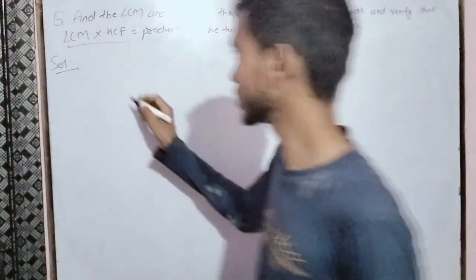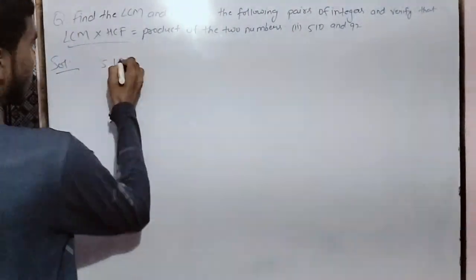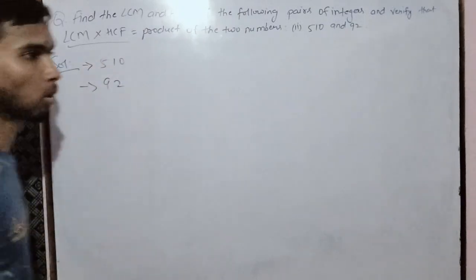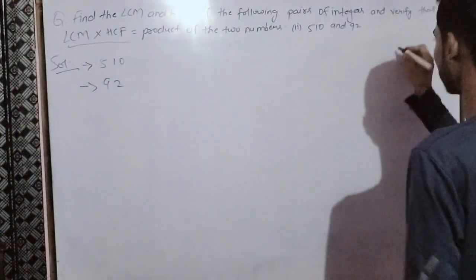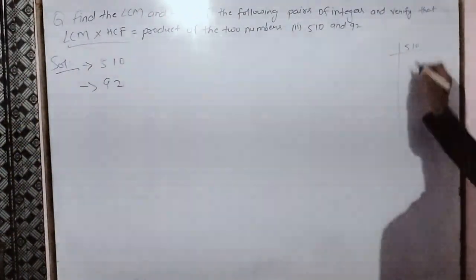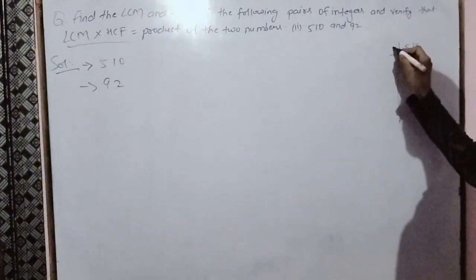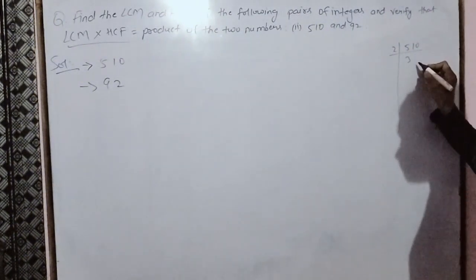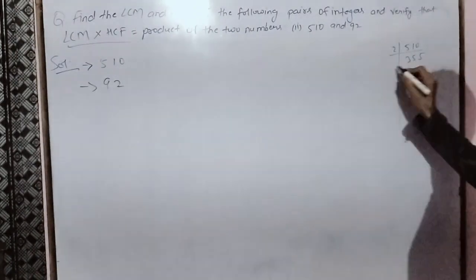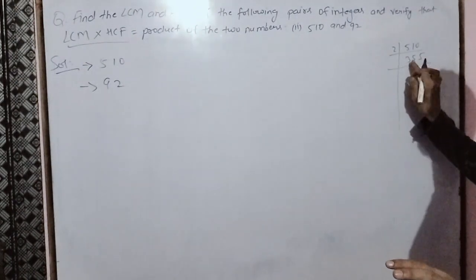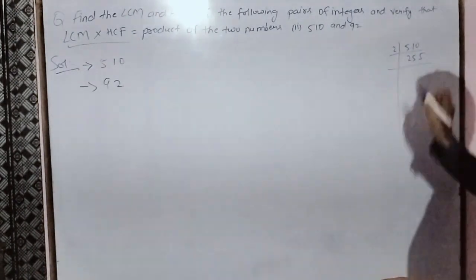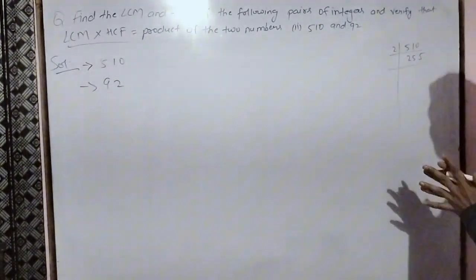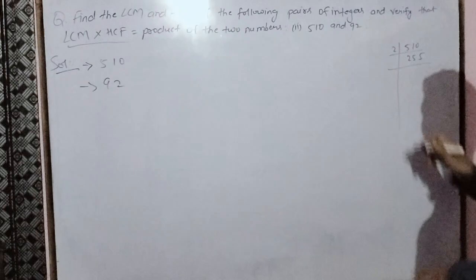So the first integer is 510, the second is 900. Okay, here we will apply factorization. This 510: 2, 3, 5, then 5. So here, hold on. 2 to the 4 and then 1, 0.